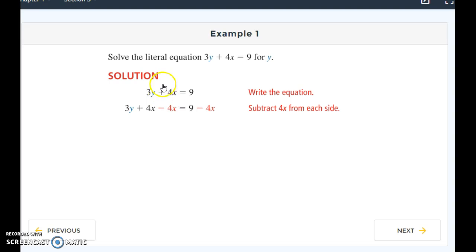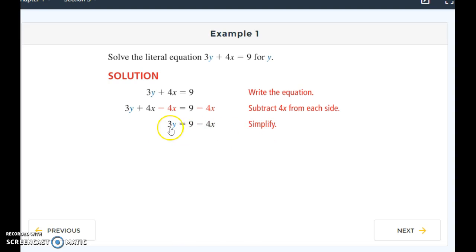Since I'm not solving for x, I want to think of 4x as one thing, not a 4 and an x. To undo this 4x, I subtract it because it's being added. So I subtract 4x from both sides, which gets rid of it. I'm left with 3y equals 9 minus 4x. This 9 and 4x have to be written separately because they are very different terms.